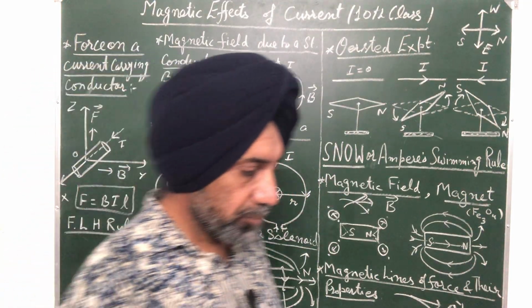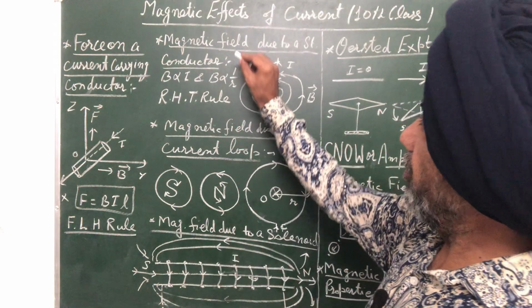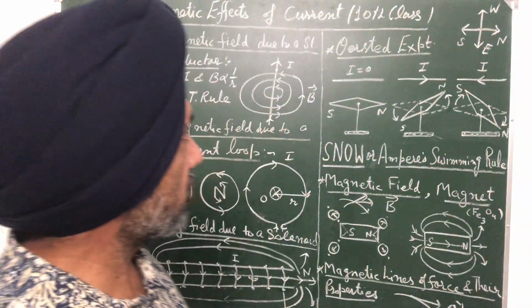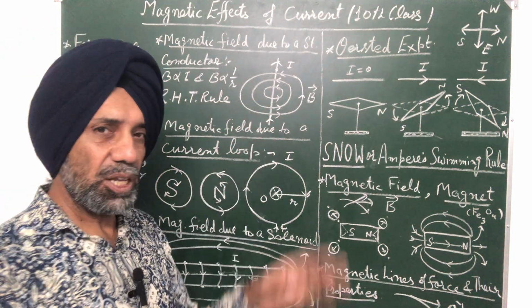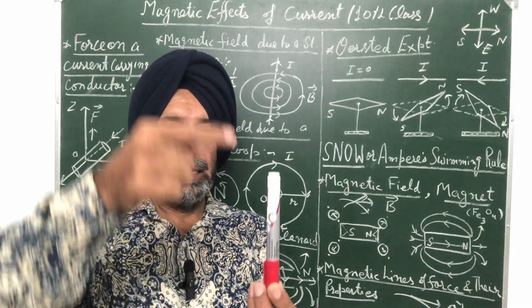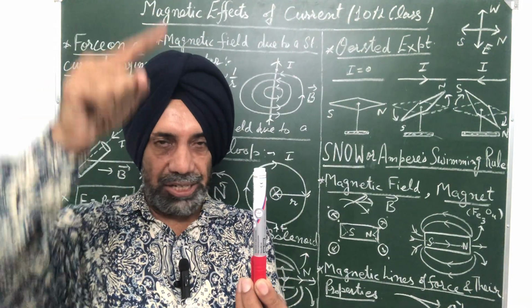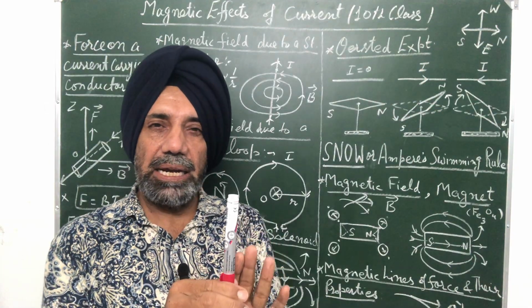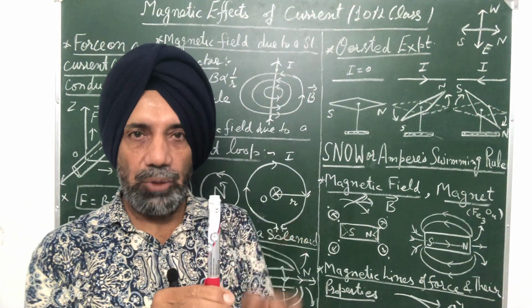Then we come to the magnetic field due to a straight wire carrying current. Suppose we have a straight wire carrying current in the vertically upward direction. Because we have proved by Oersted's experiment, any wire carrying current produces a magnetic field around it.